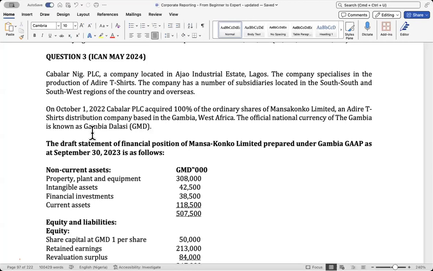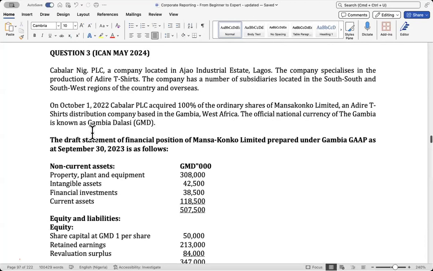Calabar Nigeria PLC, a company located in Ajao Industrial Estate, Lagos. The company specializes in the production of Adire t-shirts. The company has a number of subsidiaries located in the south and southwest regions of the country and overseas. On October 1st, 2022, Calabar PLC acquired 100% of the ordinary shares of Mansa Concor Limited, an Adire t-shirts distribution company based in the Gambia, West Africa.